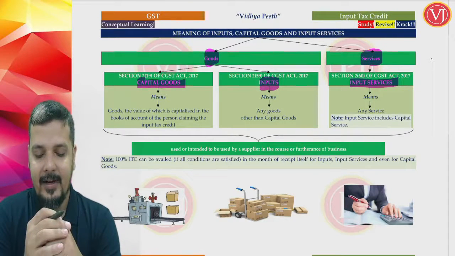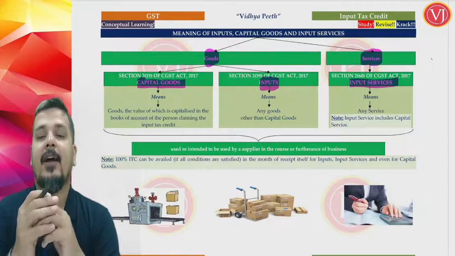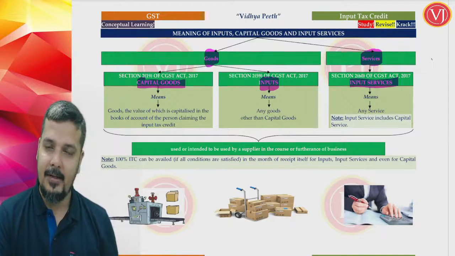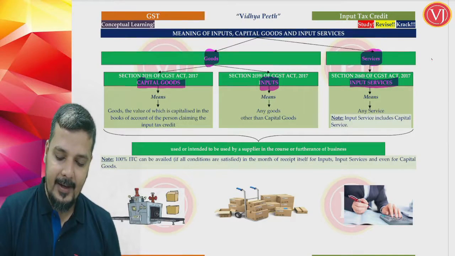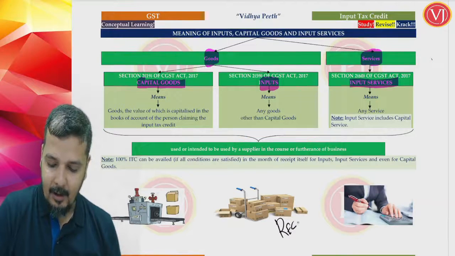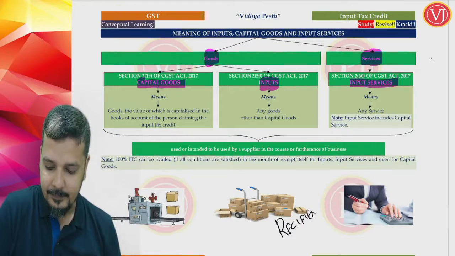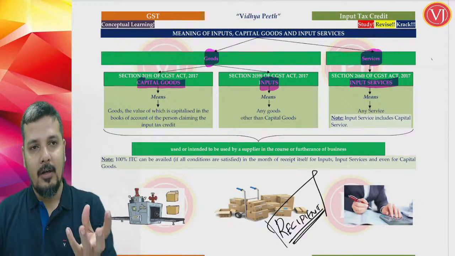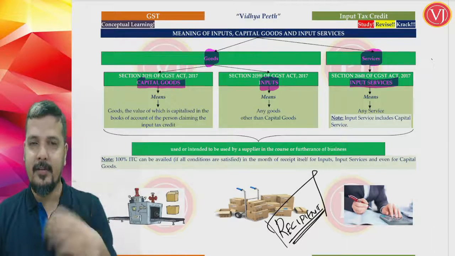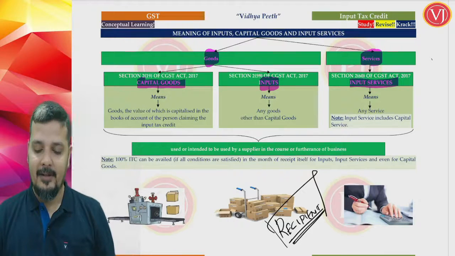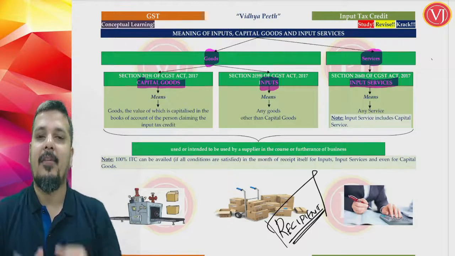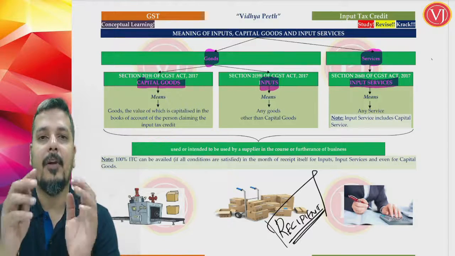Now please understand that this entire chapter you have to look from the angle of recipient. Please make it very clear. You are looking at this entire chapter from the angle of recipient. It is as if you are getting the goods or you are getting the services. Basically you are looking at the debit side of your manufacturing account, trading account, profit and loss account.